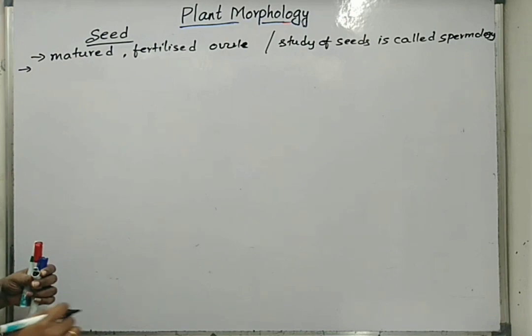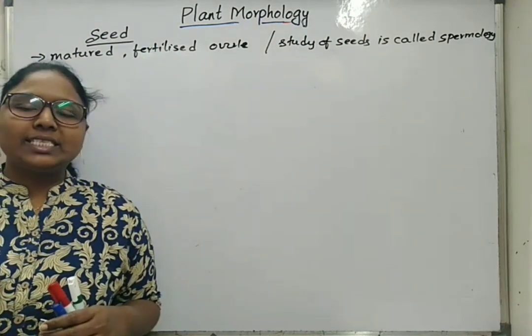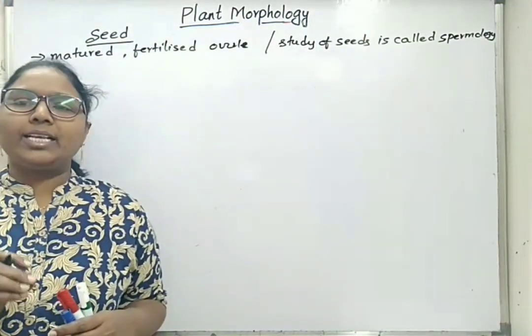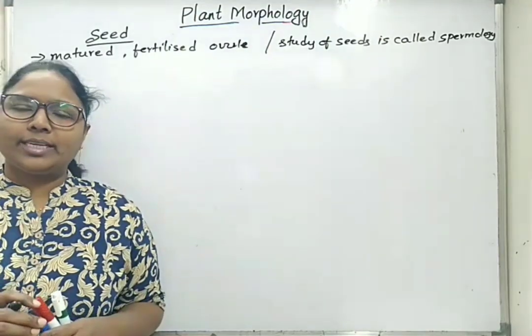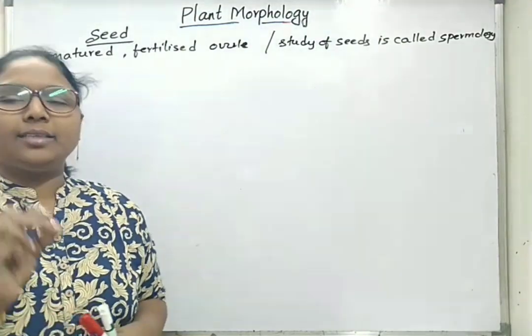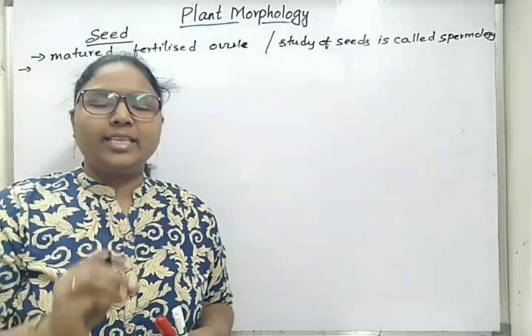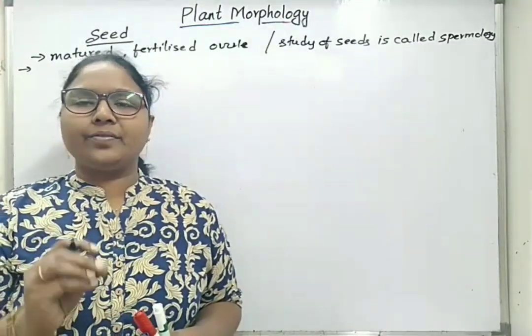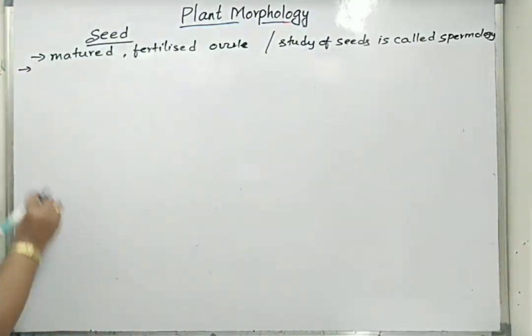Seed has cotyledons inside and outermost seed coat. Seed coat existence is common in both dicots and monocots, but how many layers of seed coats are present varies from dicots to monocots.